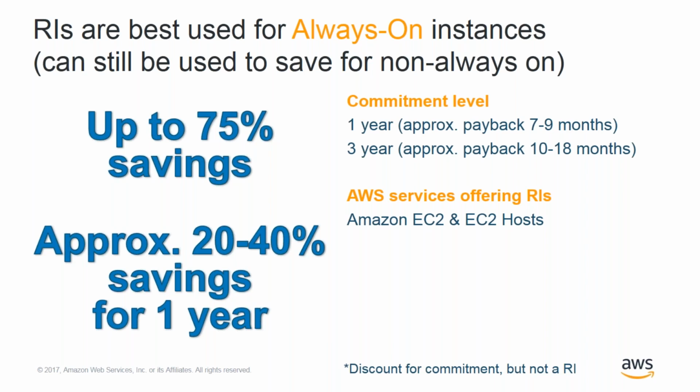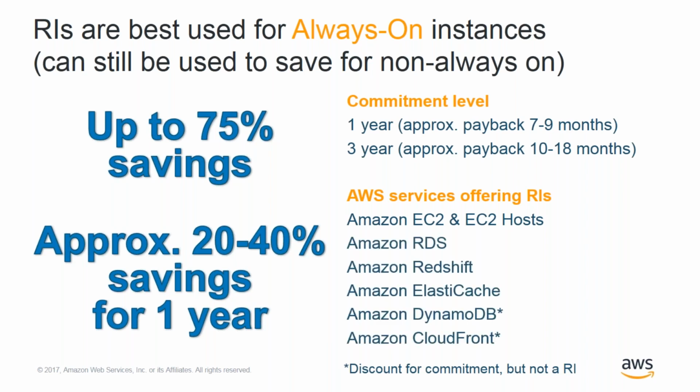So the most common is Amazon EC2 and EC2 hosts, which is the computing resource. But they're also available for databases, caching services, and CloudFront. With the final two, DynamoDB and CloudFront, they're not quite the same as reserving instances, but they are still a discount for commitment.